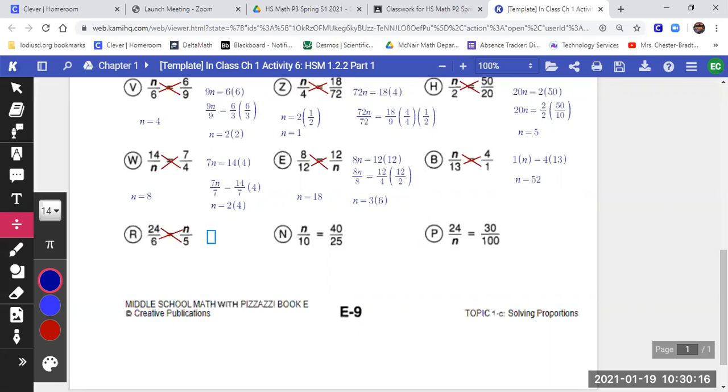Someone tell me, what's my first box going to say? Mm-hmm. 6n equals 24 times 5. Thank you. Come on, guys. 6n equals 24 times 5. All right. Next box.